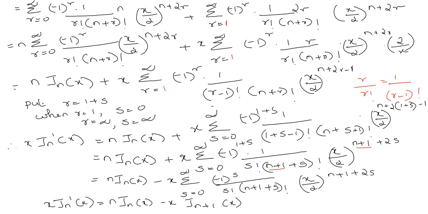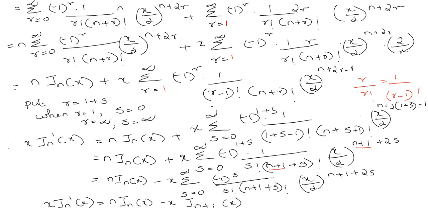Okay. Now here it is minus 1 the whole raised to 1 plus s, which can be written as minus 1 raised to 1 into minus 1 raised to s. Minus 1 raised to 1 is minus 1. So that minus is written here, and minus 1 raised to s is written here. That is the change made in the next step.